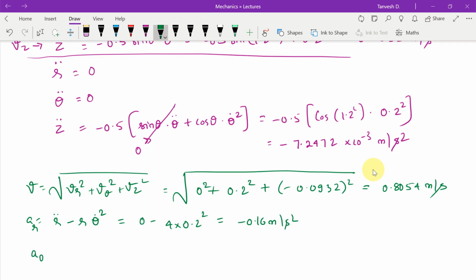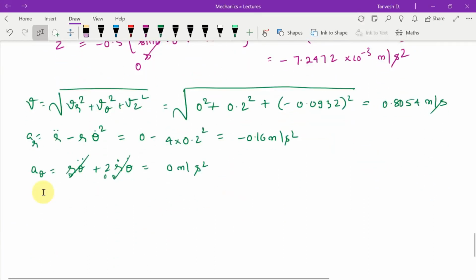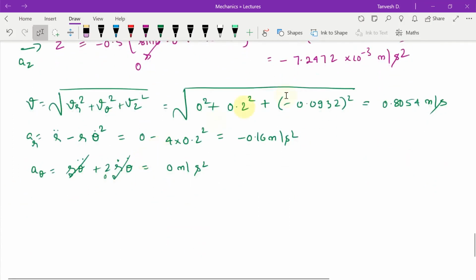A theta is r theta double dot plus 2 r dot theta dot. Theta double dot is 0, so this is 0, and this also is 0, so this is basically 0 meters per second square. Hence there is no acceleration along the theta direction, but along the z direction, this is your direct acceleration, your Az.